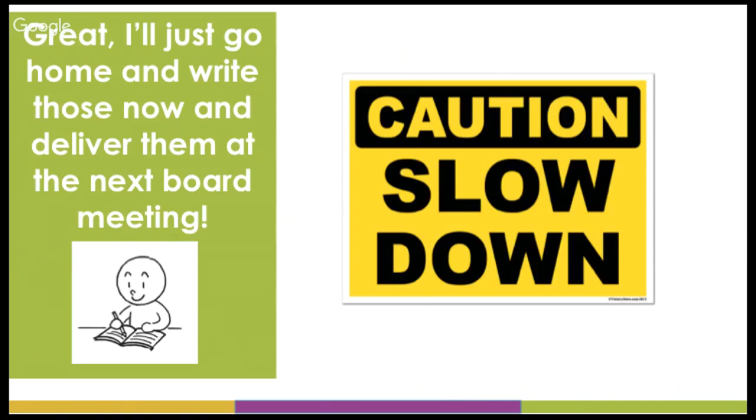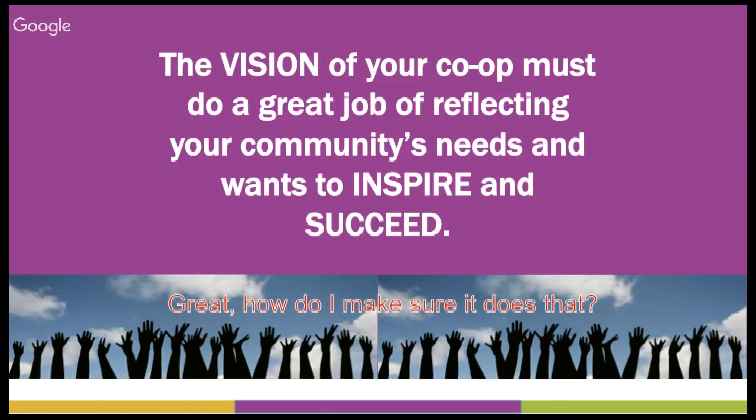Caution, slow down, wait. That's not exactly what we're recommending to do. The vision of your co-op must do a great job of reflecting your community's needs and wants to inspire and succeed. Every single mission, core values, and vision is wildly different, because every co-op is a reflection of its unique community.